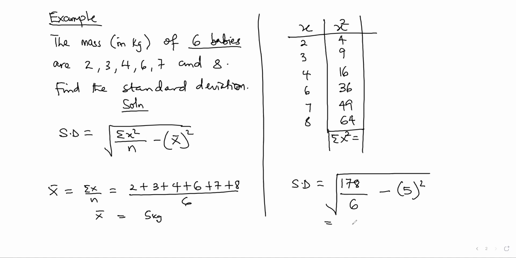So 178 divided by 6 gives us 29.66, minus 5 squared, which is 25. So 29.66 minus 25 is 4.66.